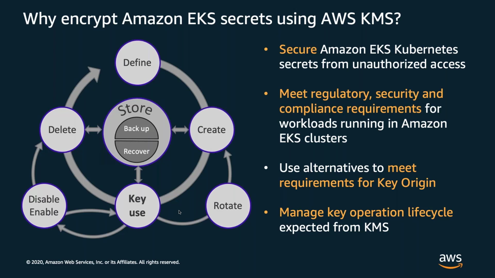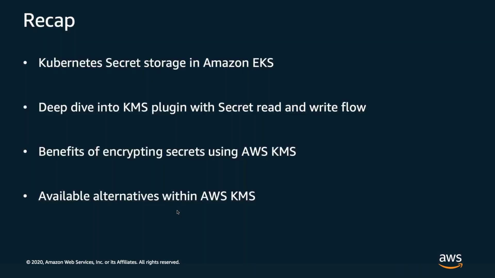You would have particular key origin requirements. You would want to manage the key operational lifecycle from a service like KMS, as we've already discussed. So these are some of the reasons why you would encrypt your secrets rather than keeping them base64 encoded on the etcd key value store.